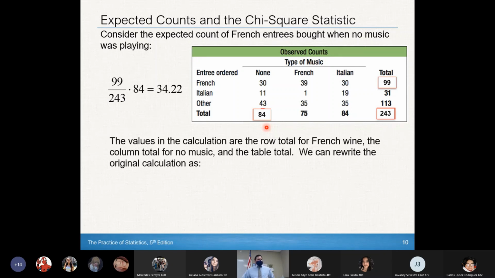So the values in the calculation are the row total for French, the column total for no music, and the table total. We can rewrite the original calculation as 99 times 84 divided by 243, and that is 34.22.